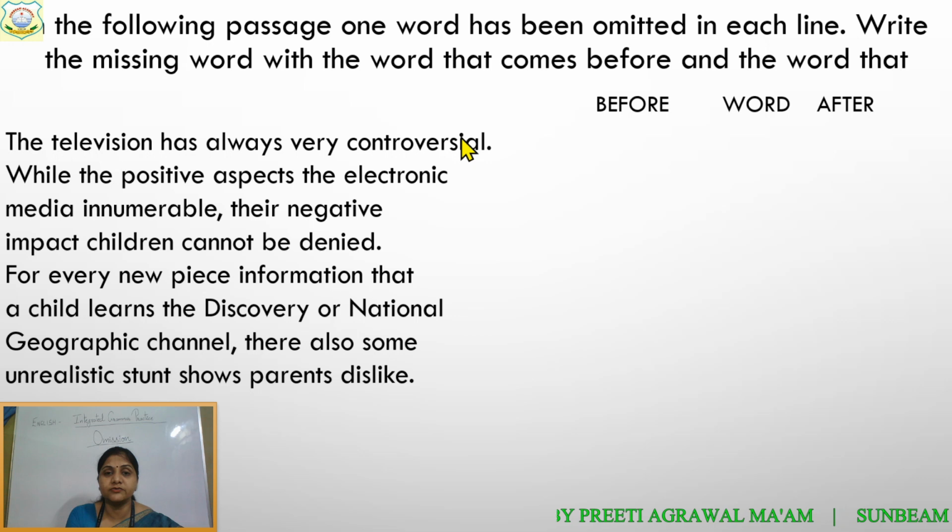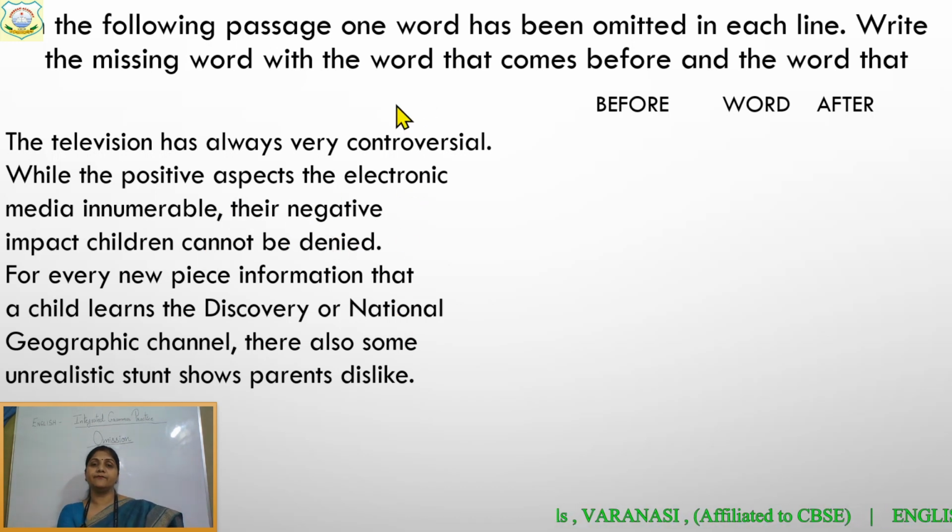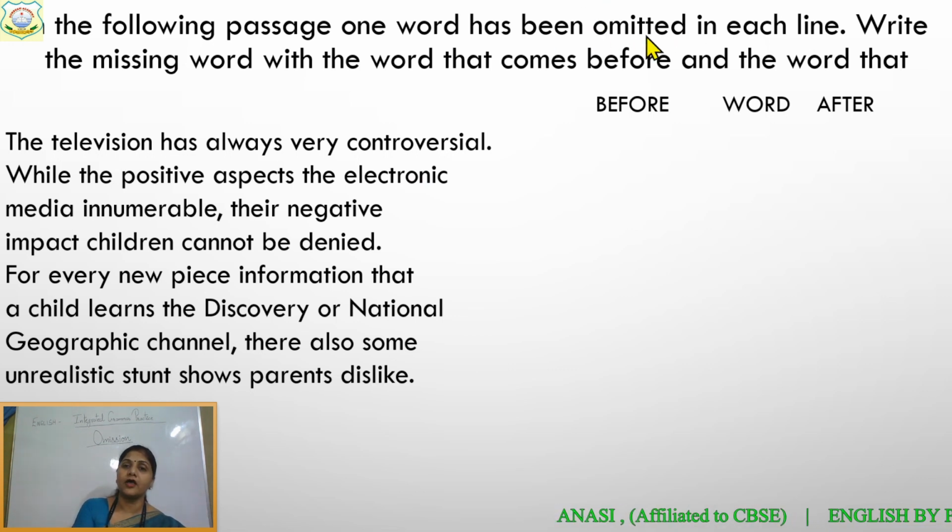You can see the lines: 1, 2, 3, 4, 5, 6, 7, 8 lines. So in all the 8 lines, one word has been omitted. In each line, one word has been missed.